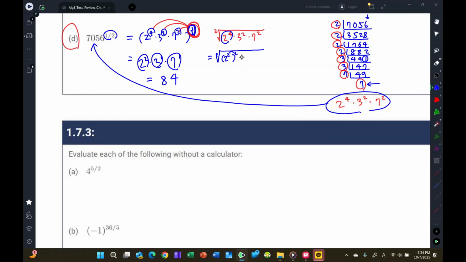And then 3 squared, and then 7 squared. So who has the key? 2 squared, which is 4, has the key, so it can come out. 4 can come out. 3 has the key, so 3 comes out. 7 has the key, so 7 comes out.